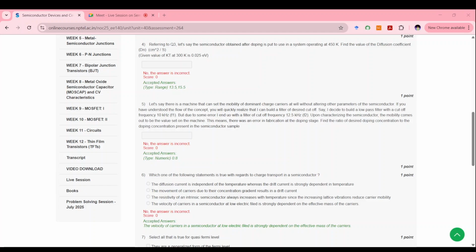So we have a machine that is able to change the mobility, but it is not affecting the other parameters.